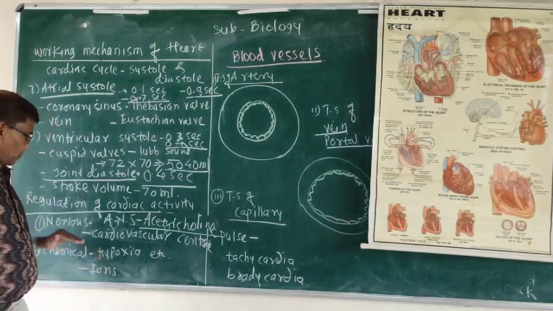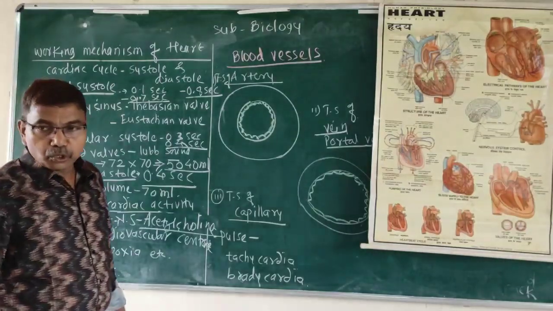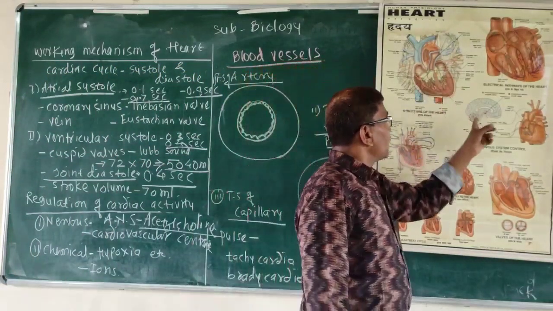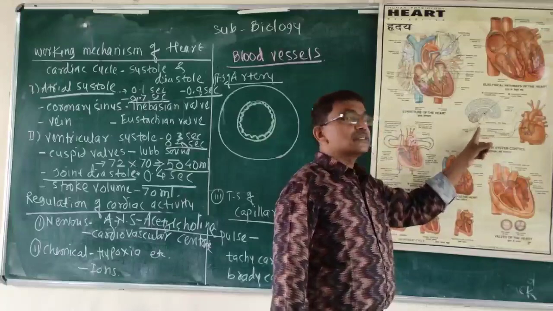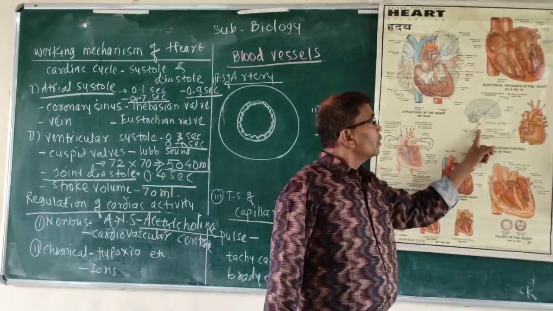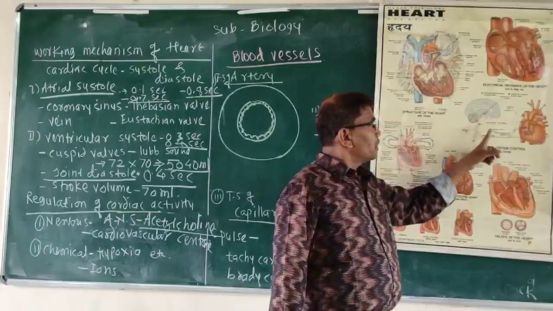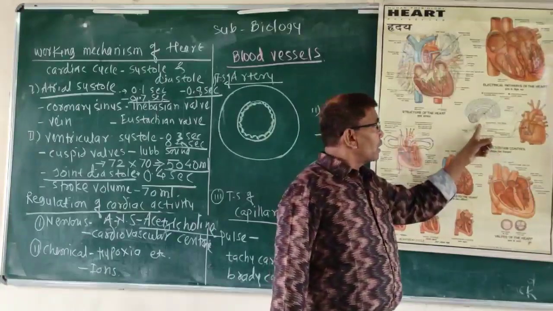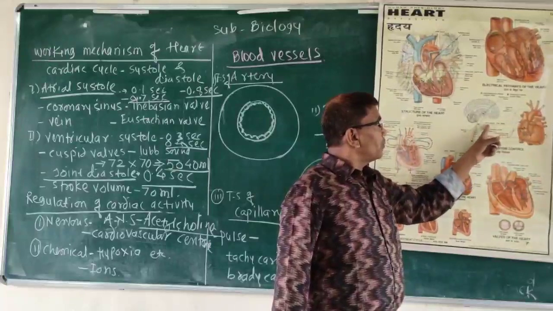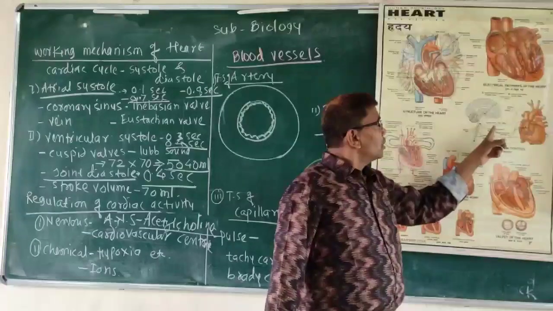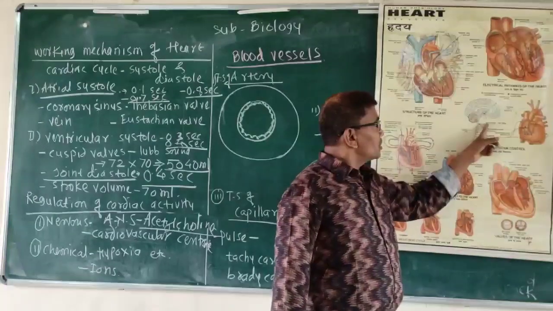At the same time, the nervous system also controls this with the help of the cardiovascular center, which is situated in the medulla oblongata. The medulla oblongata is connected to the heart with the help of the vagus nerve, which controls this activity.